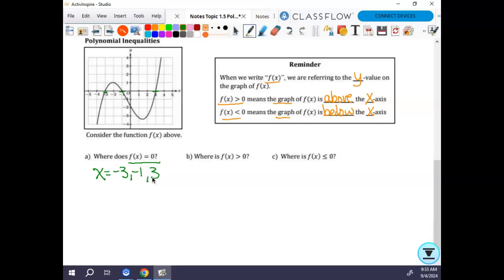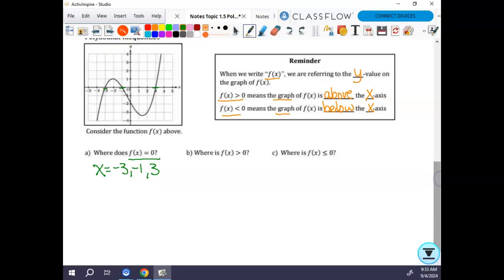Then we're asked, where is f of x greater than 0? Okay? Greater than 0 is going to be here and here, right? And those are intervals. Where do we start? -3, and I go to what? -1. Do I include either one of those?